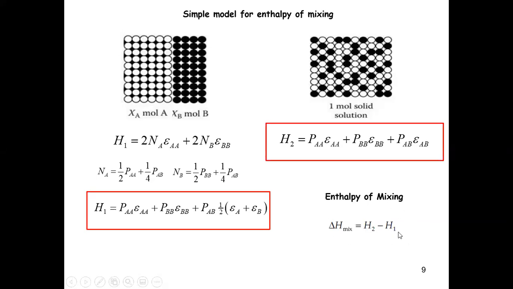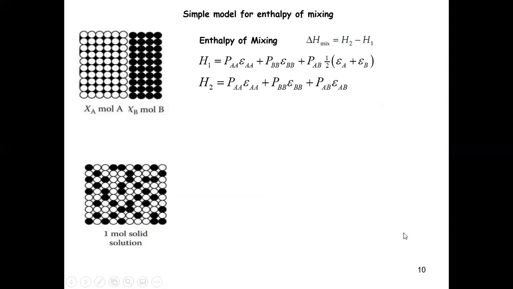If you take H2 minus H1, I collect all the expressions for you here, and if you do that, you can easily find out the enthalpy of mixing equals PAB times this epsilon. And epsilon is a new quantity we define, which equals epsilon AB minus a half of epsilon AA plus epsilon BB. Is this clear to everyone?